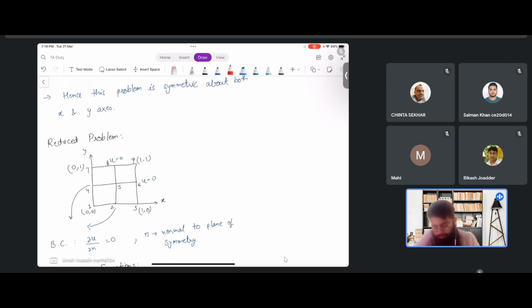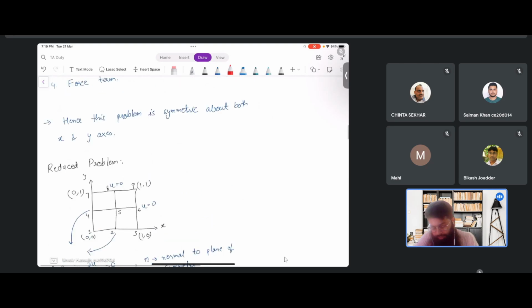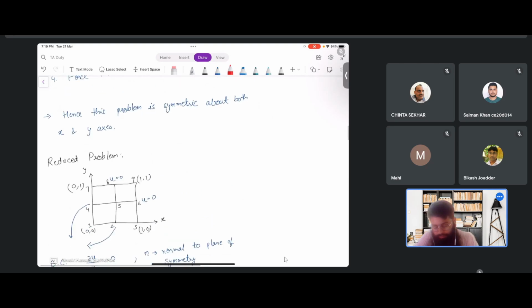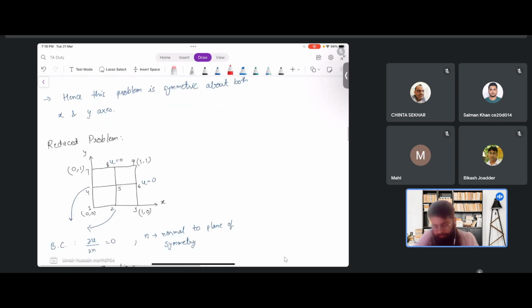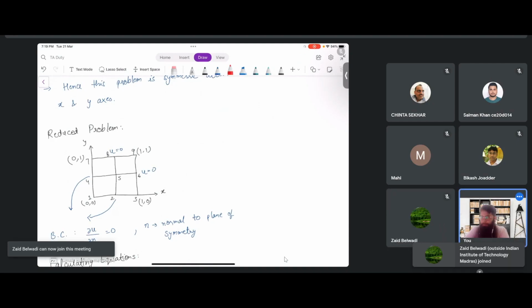So that's how the reduced problem should look. We now have a domain which starts at one end from 0, 0 and another end at 1, 1. So it's a 1 by 1 square now. Again we break it into four elements. That's the discretization for FEM.